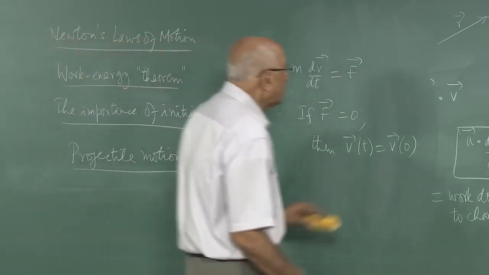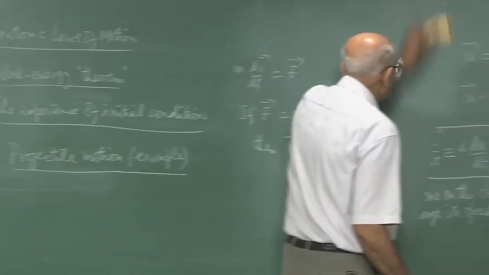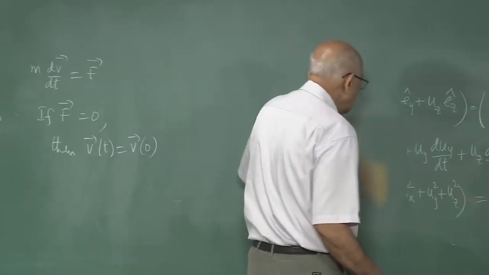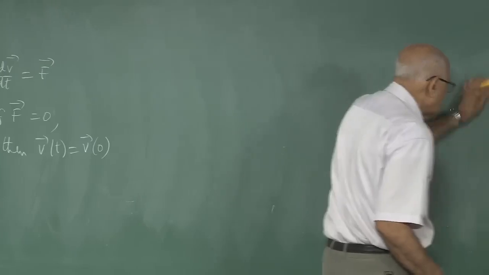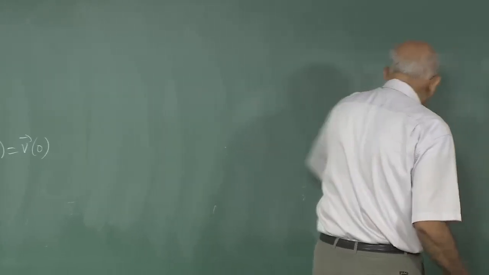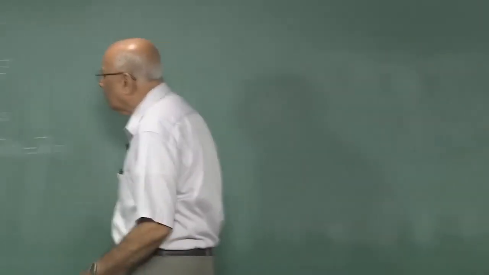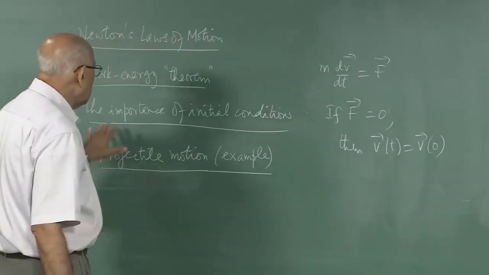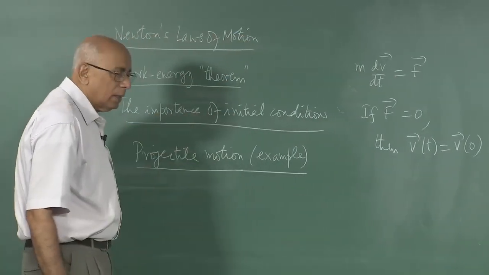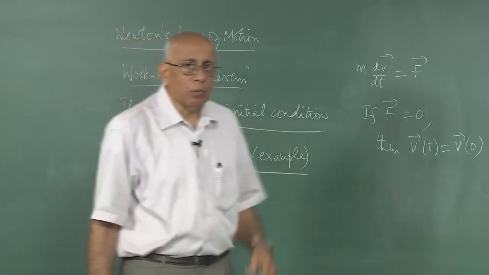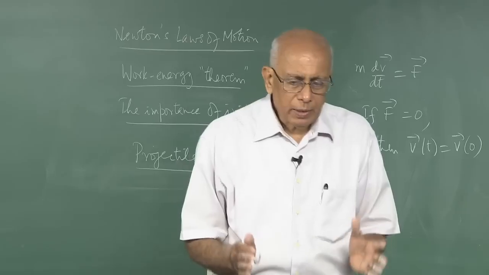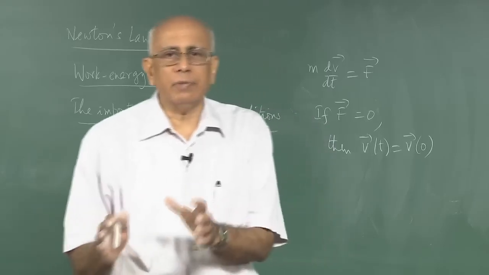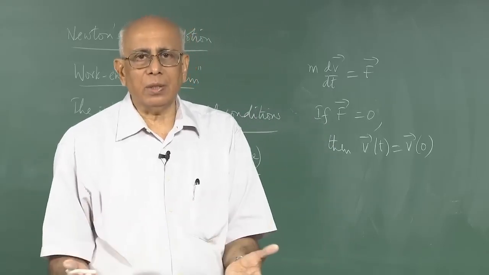Alright, now that we have gone this far, let us go back once again and explore what these laws are really trying to tell us. Well, I mentioned a little bit about the importance of initial conditions, but we need a little more than that. In principle, when we are trying to integrate equations of motion, there are constants of the motion, integration constants.